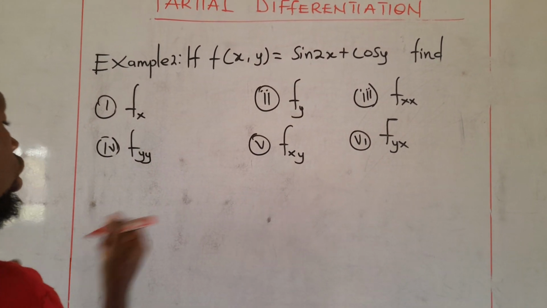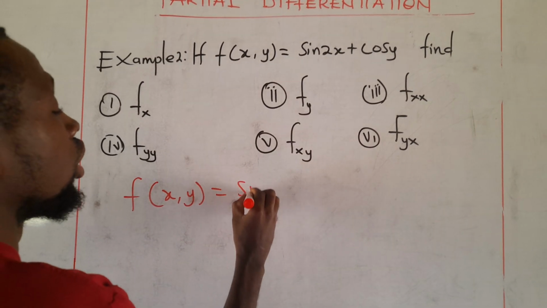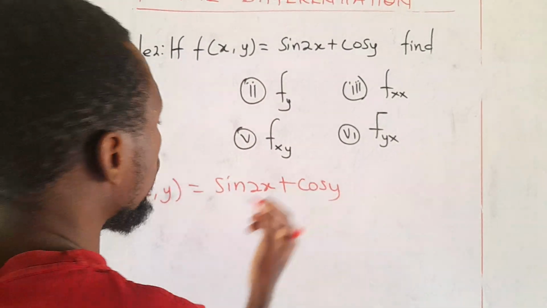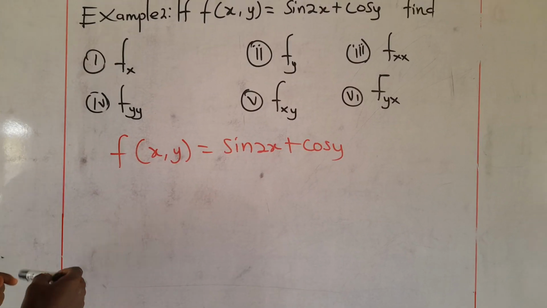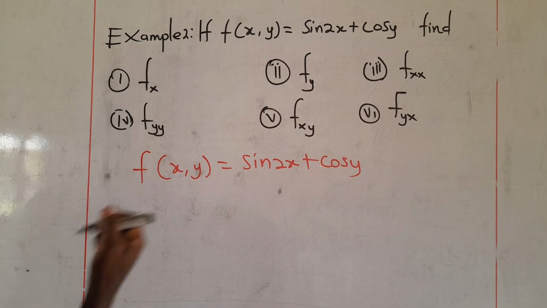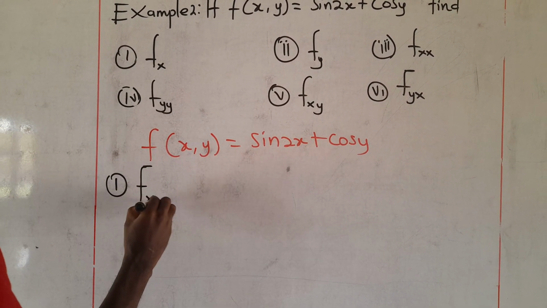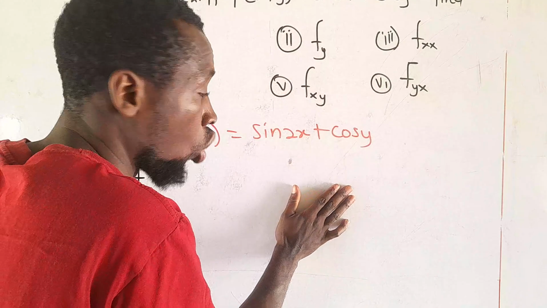Remember our function f of x, y is giving us sine 2x plus cos y. So when we are performing a partial differentiation of the function with respect to x, y will be held constant, and vice versa. So the first one, the partial differentiation of this function with respect to x, y will be held constant. So any place there is y is constant.